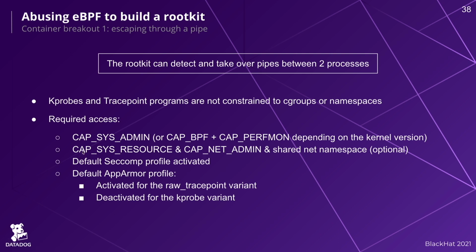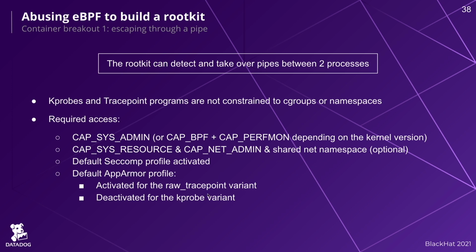So you also require CAP_SYS_RESOURCE, CAP_NET_ADMIN, and to share the network namespace of the host. Again, this is optional, because we are demoing this breakout with command and control, but you don't need those to break out. Then the default seccomp profile can be activated. Finally, depending on the variant you want to use for this breakout, you might need to disable AppArmor.